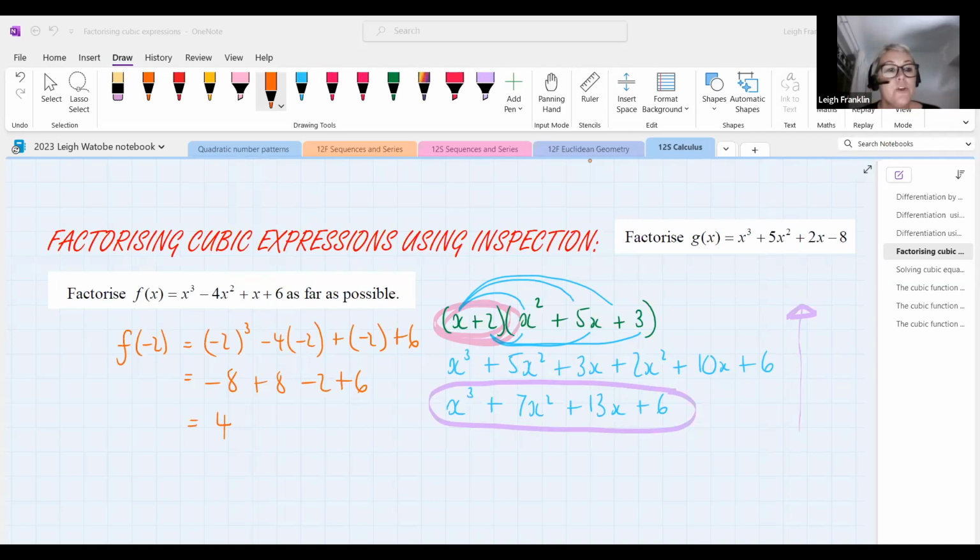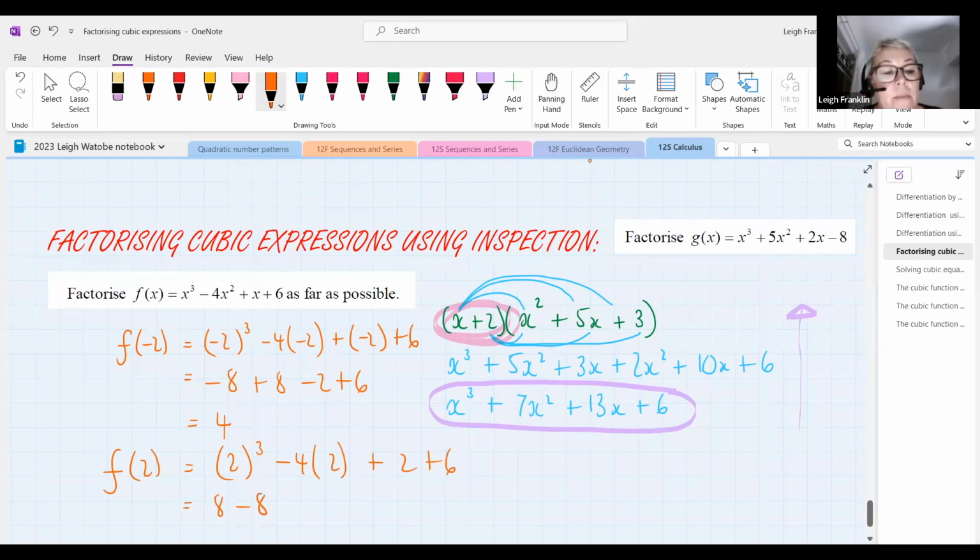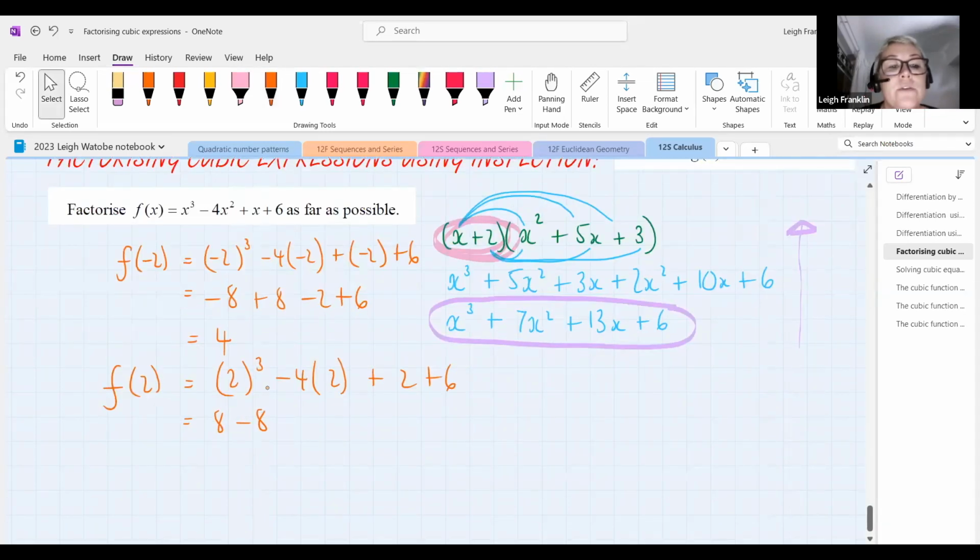So if you sub in 2, do you get 0 as an answer? Let's just check. Here we've got 8 minus 8. Oh, sorry, I forgot to square this, didn't I? So that's 8 minus 16 plus 2 plus 6.